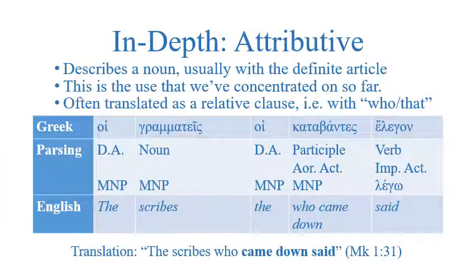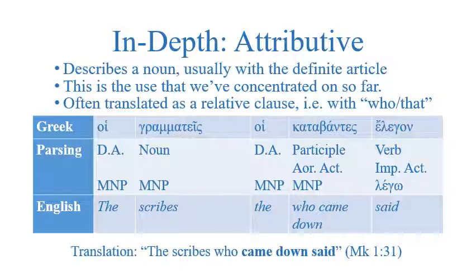As I've said, we've concentrated on the attributive up to this point. With the attributive, the participle describes a noun, and usually this is in conjunction with the definite article. Here we have hoi grammateis followed by hoi katabantes.